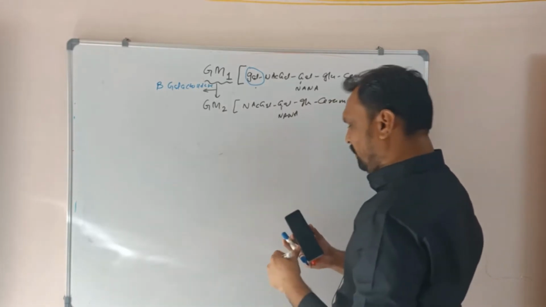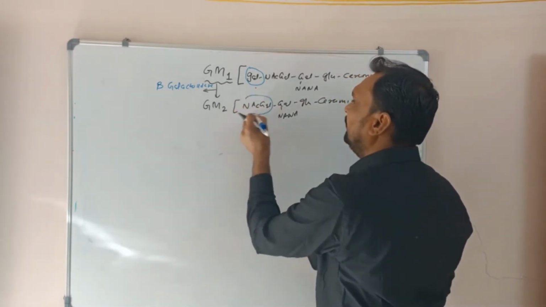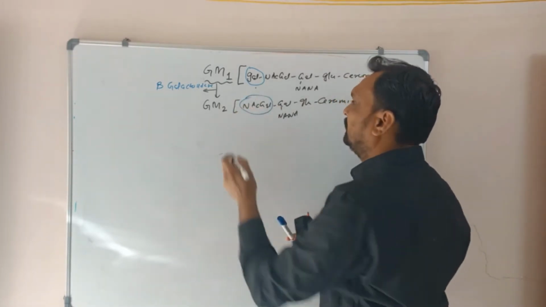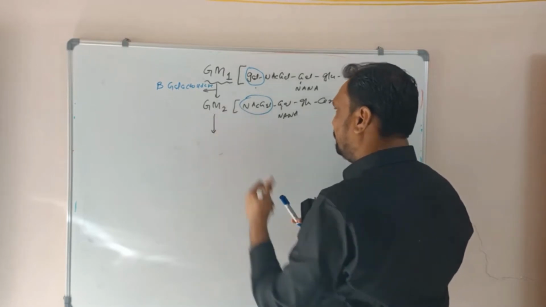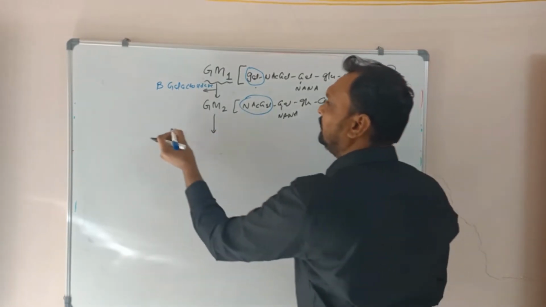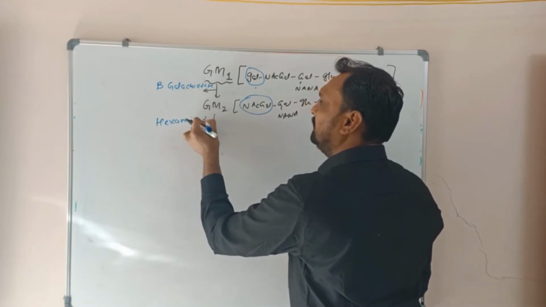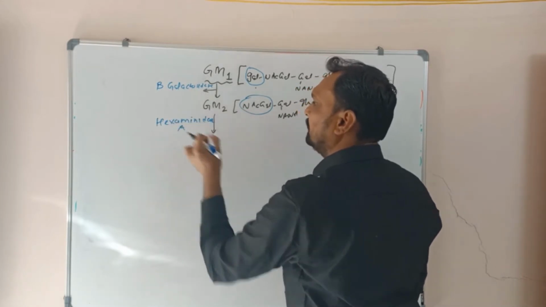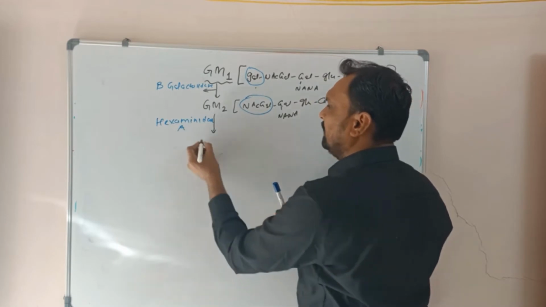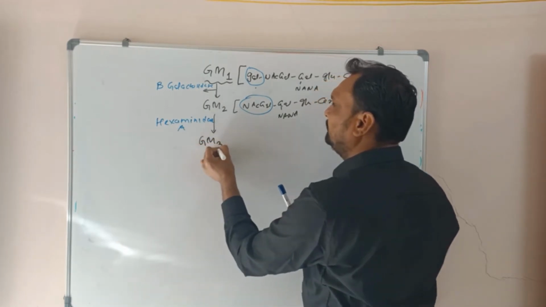Now there is the removal of this N-acetyl galactosamine. The enzyme for its removal is hexosaminidase A. So it will be converted to GM3.